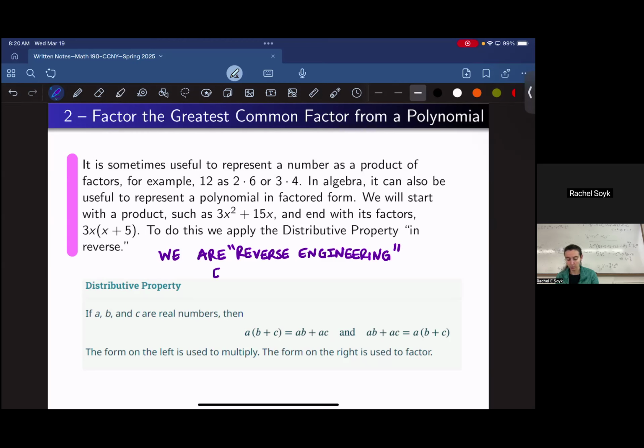We're going from expanded form to factored form.